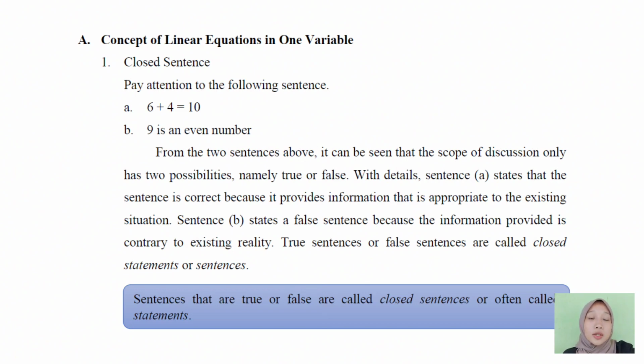And sentence point B states a false sentence because the information provided is contrary to existing reality. So, sentences that are true or false are called closed sentences or often called statements.